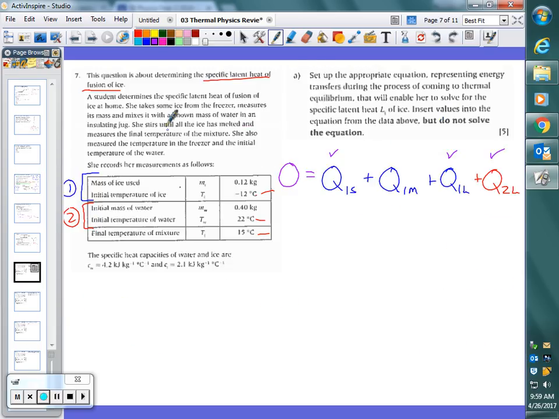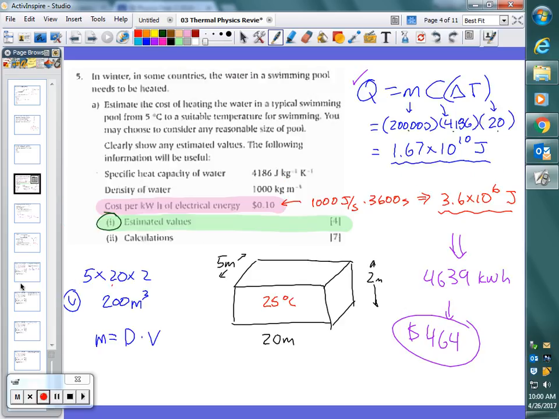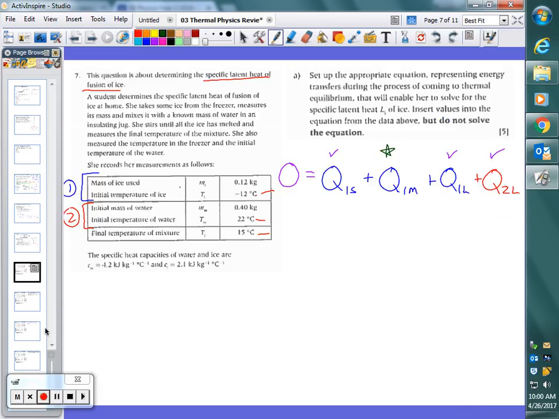But this one involves a substance changing state. What do we know about the temperature while a substance is changing state? It's constant, right? So we can't use this equation, because what is delta T if the temperature is constant? 0, right?